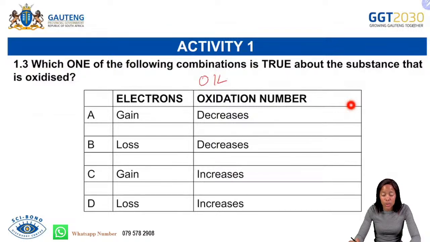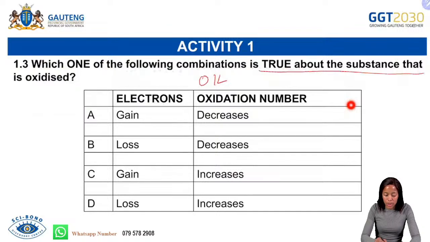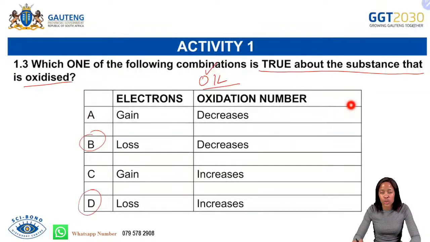So if oxidation is loss there, what is it that we need to look for? It says which one of the following combinations is true about the substance that is oxidized. So we know that number 1, we are going to use this, okay? So if oxidation is loss, it means that we then need to look for the weight loss there.